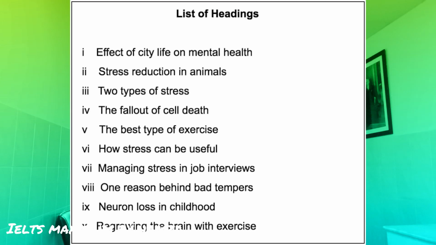There is only one paragraph in your whole reading passage in which they are talking about mental health. There is no other paragraph in the whole passage which focuses on mental health. So just find the paragraph in which mental health is discussed, and that is going to be your right answer.